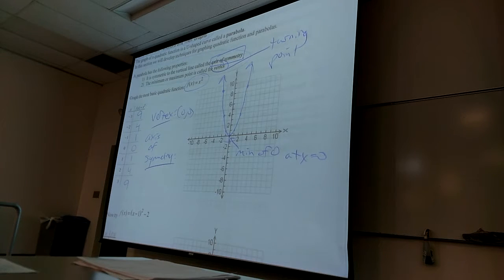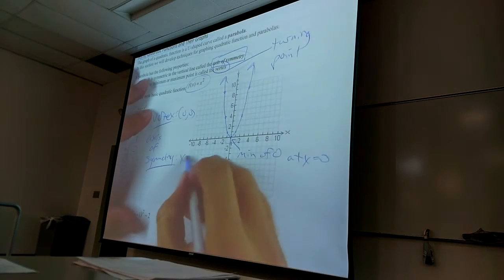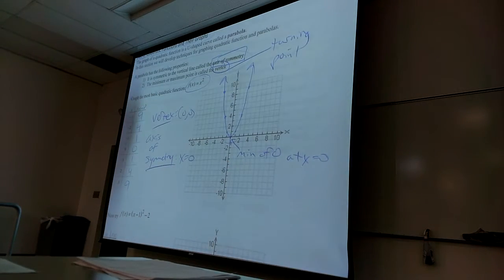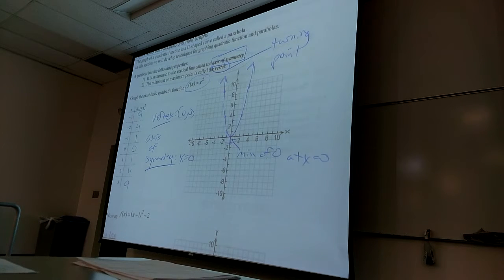If it's straight up and down, it's not moving left or right. So what's not changing? X isn't changing. So the equation is x equals this. What is y doing? Everything. Y is every damn thing. So this would be x equals 0. So if the vertex went through 2, 1, the axis of symmetry would be x equals 2.